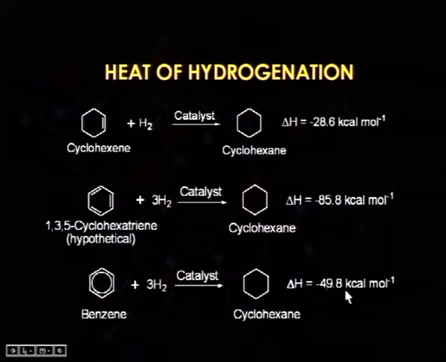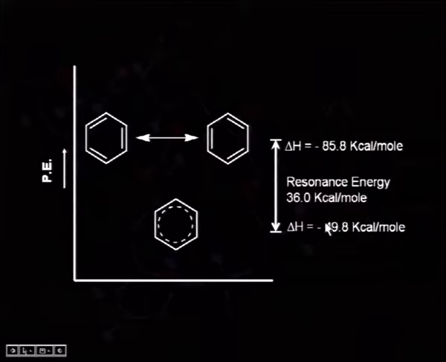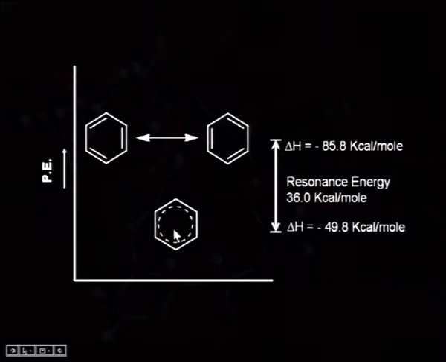This is the actual value. So, the difference between these two values is the resonance energy. This is the difference between the value of the canonical form and the resonating hybrid. So we can see how the resonance hybrid is much more stable than the hypothetical canonical form, and it makes the molecule stable.